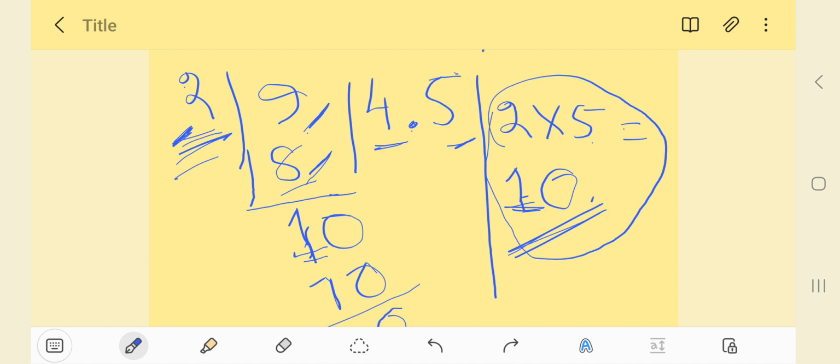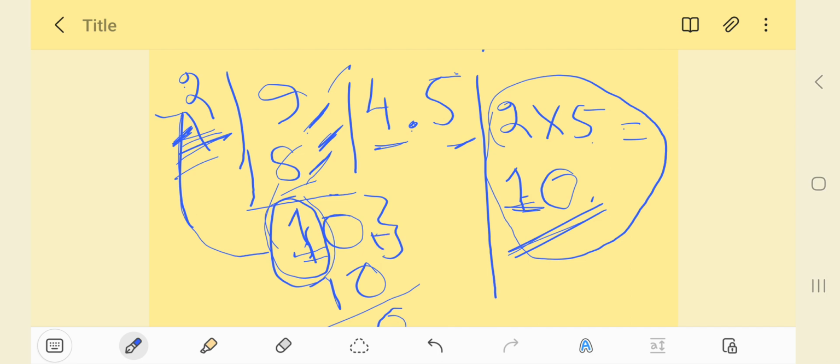Then we used subtraction from 9, this 8. We got this 1. 1 was smaller than these 2. We cannot divide 1 by these 2 because it is smaller. We need some other number on this right hand side so that we can divide it by these 2. What happened then?